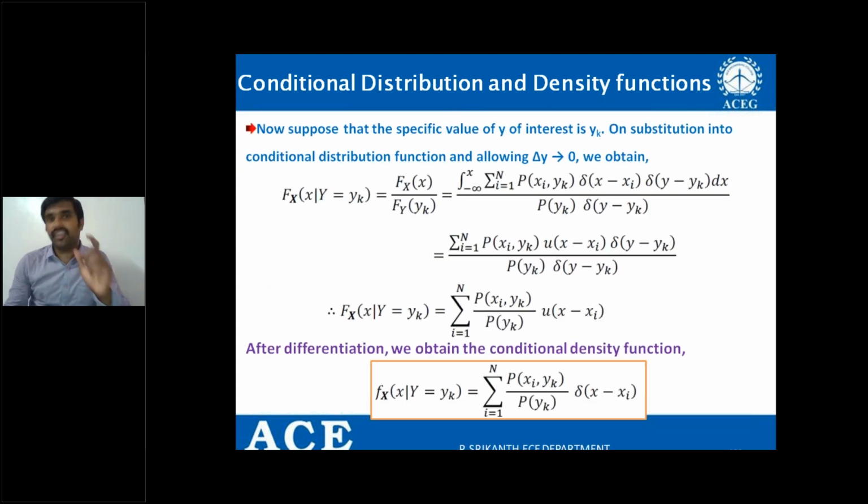I repeat, for the discrete random variable, the distribution function is summation i equal to 1 to n of joint probability p of xi comma yk by p of yk into unit step function u of x minus xi, as I am deriving for x. Similarly, the conditional density function equals summation of joint probability p of xi comma yk by p of yk into unit impulse delta of x minus xi.